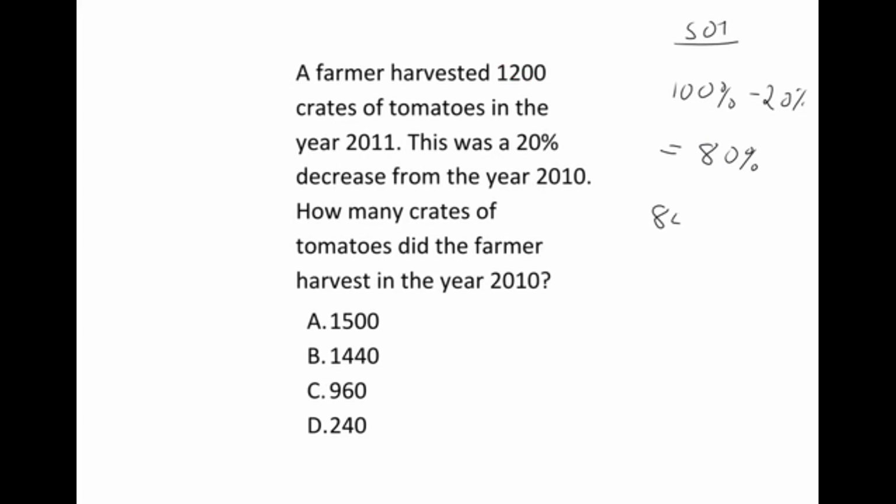So 80% is equivalent to 1,200 crates. Now, what about 100%? We are asked how many crates of tomatoes did the farmer harvest in the year 2010? What about 100%?